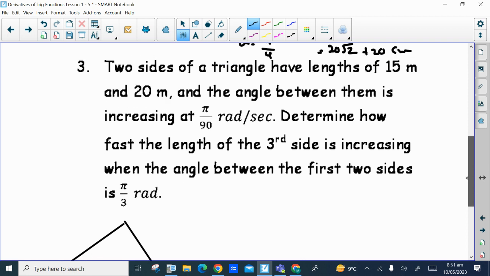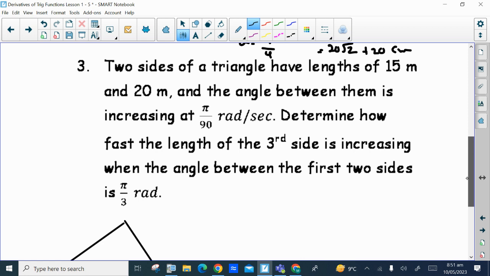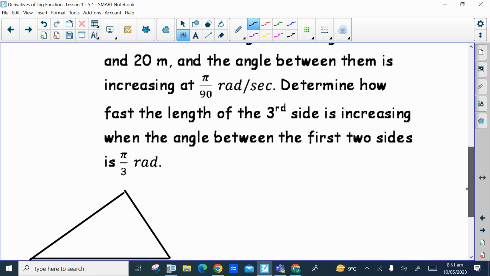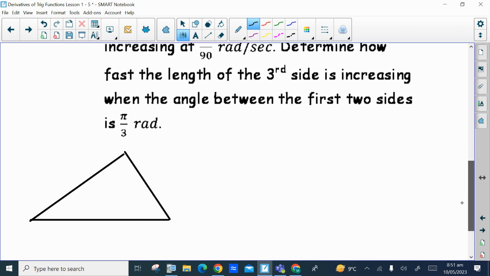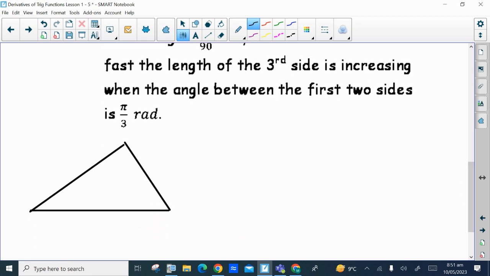So two sides have lengths of 15 and 20, and the angle between them is increasing at pi over 90 radians per second. Let's say this side is our 15 and this side is our 20. Let's say our angle between them is theta.